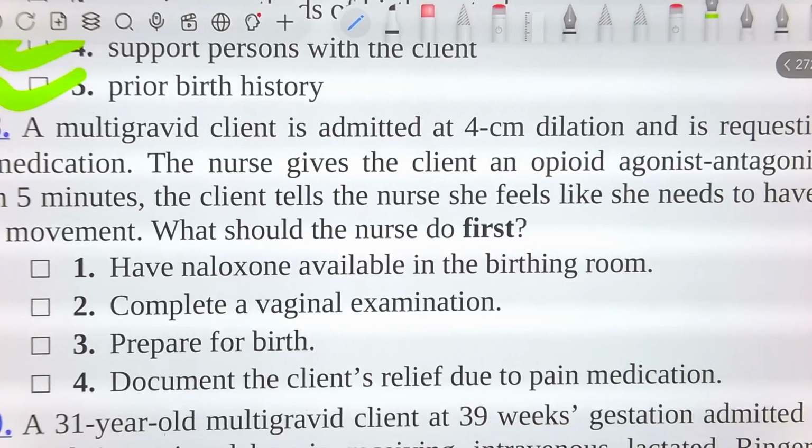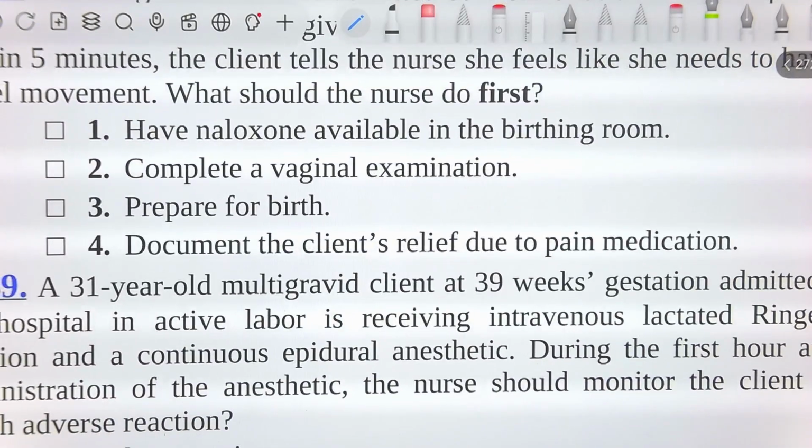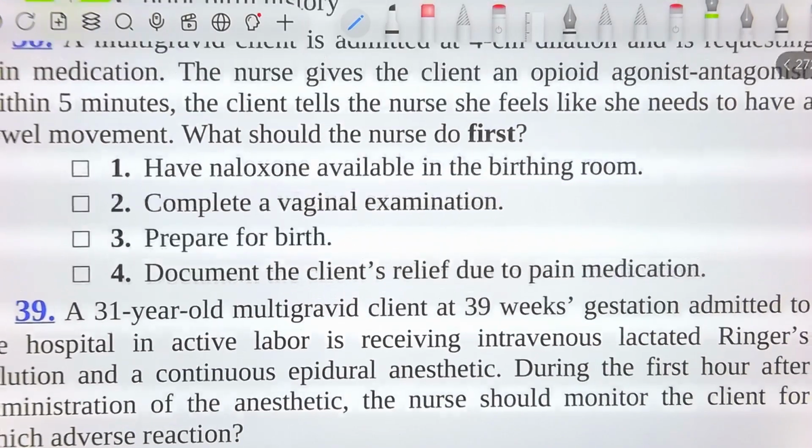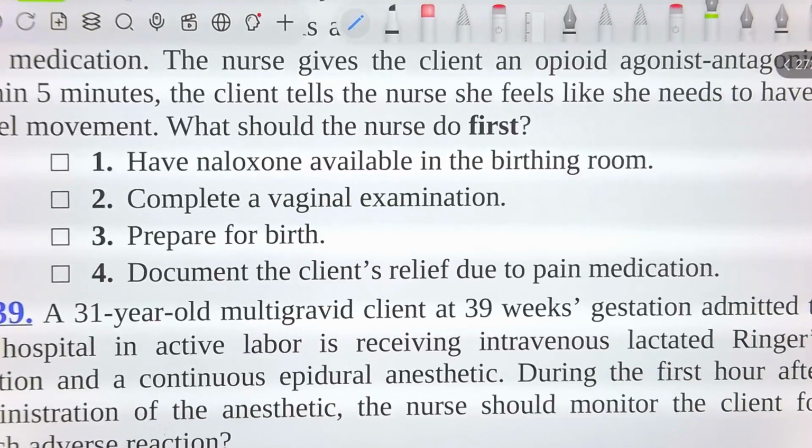Now next question. A multigravid client is admitted at 4 centimeter dilation and requesting pain medication. The nurse gives the client an opioid agonist. Within 5 minutes, the client tells the nurse that she feels like she needs to have a bowel movement. What should the nurse do first?